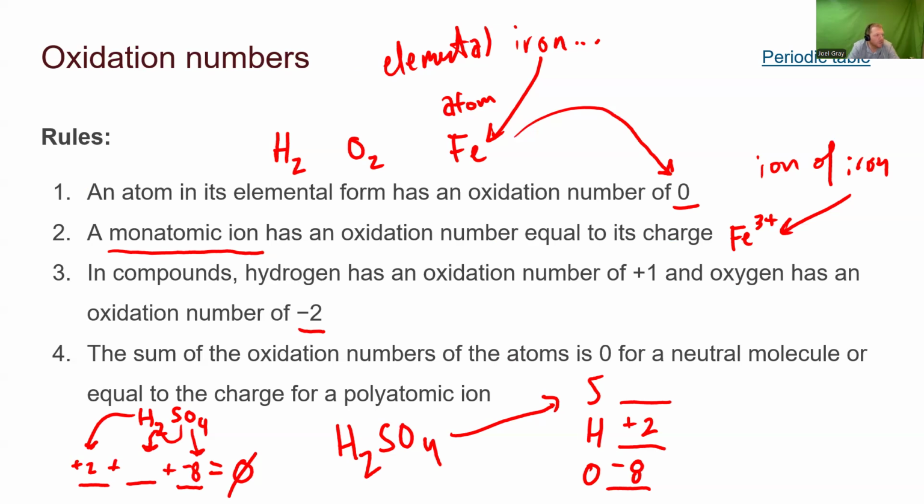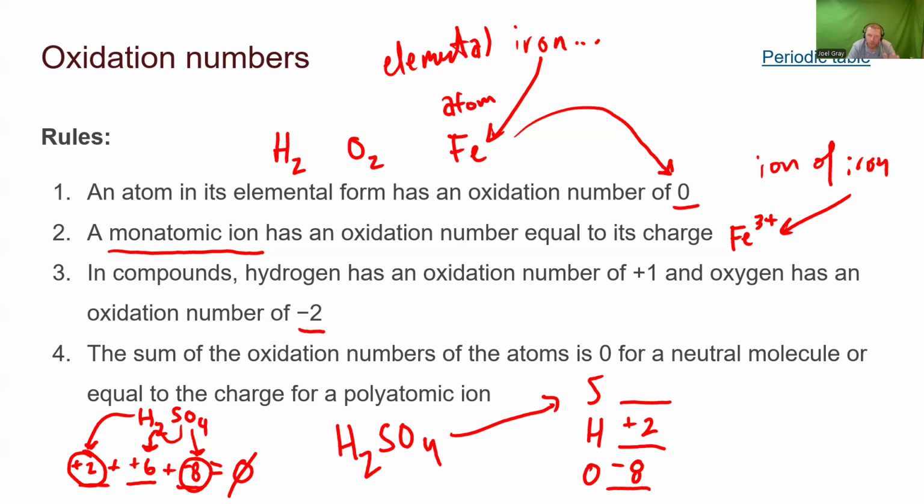So what does sulfur have to be to give us a charge of 0? Let's think about this. If we add +2 to -8, what's that? It's going to be -6. So then what do we have to add to -6 to equal 0? That's right, +6.